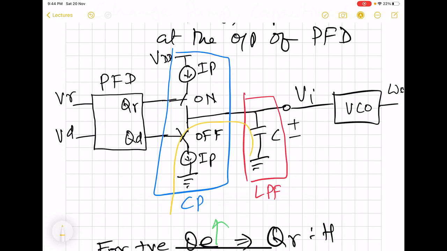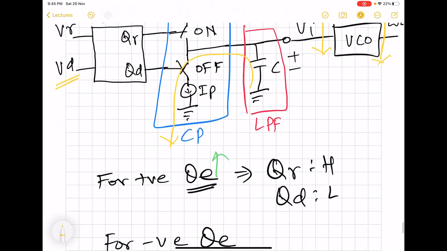So charge will be pulled down to the ground, and this Vi is going to reduce. When Vi reduces, omega naught is also going to reduce. We saw that this will happen whenever the frequency of this Vd is more. So it should be brought down, and this is how it will happen.